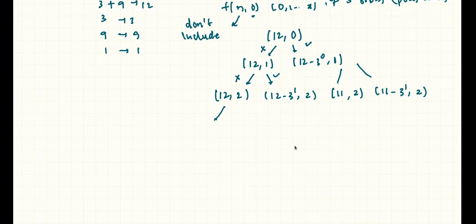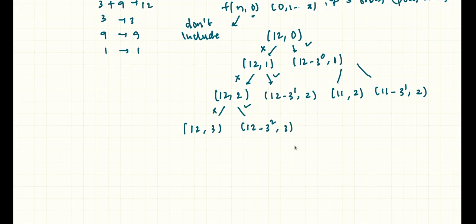Again, if I don't include 2 in the solution, can I form it with all the powers from 3 and above? If I include 3 square, can I form 12 minus 3 square with powers from 3?